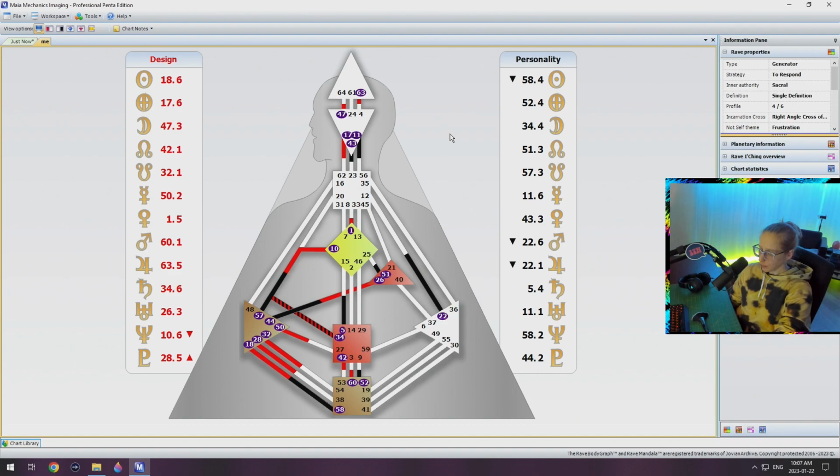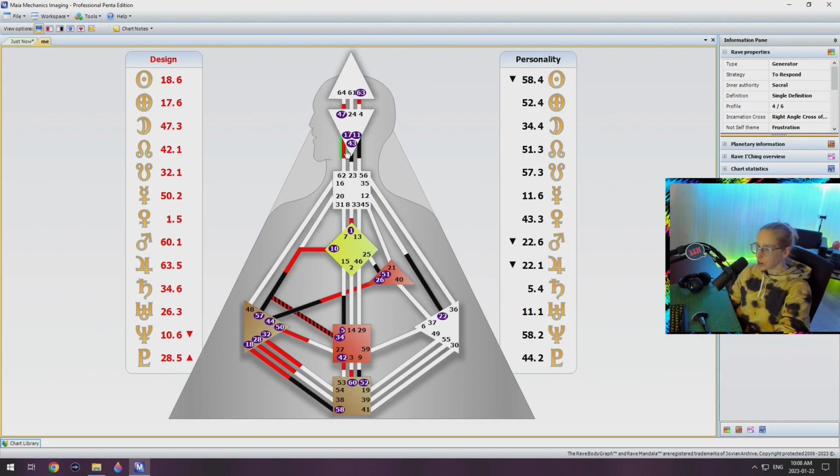So, let's talk about this more deeply. You'll notice, though, that on top of having these gates in here, there's actually these colored in geometrical shapes. Now, in human design, these geometrical shapes are called centers. They're not chakras. These centers, the ones that are colored in, that's called definition.